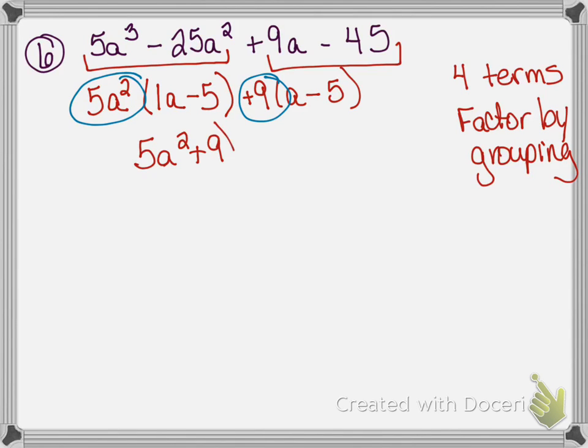That's one of your factors. And a minus 5 is your other factor. The key thing that's happening here is you have 4 terms. And when you have 4 terms, you are factoring by grouping.